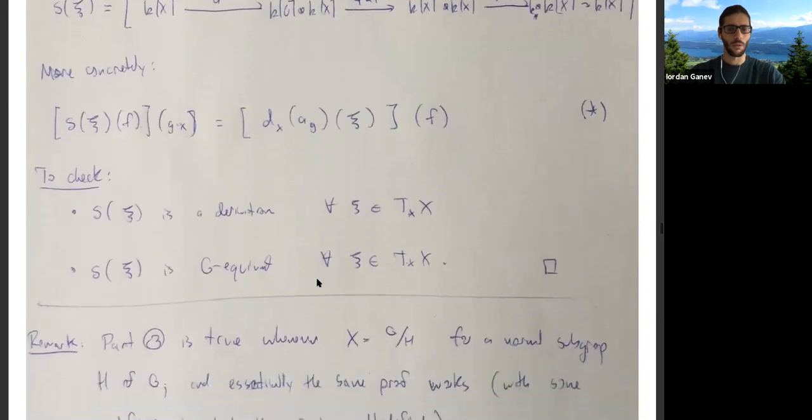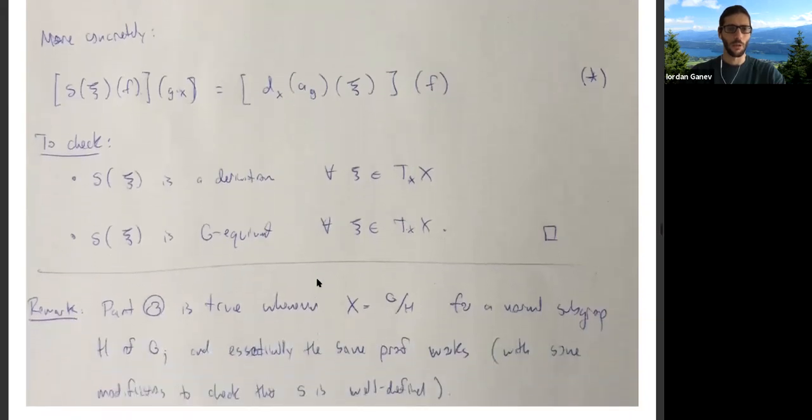I wanted to point something out. You may be wondering, what if the action is transitive but you have stabilizers? There things are more subtle. But if the stabilizer is a normal subgroup, so if X is G mod H, then you can use essentially the same proof.